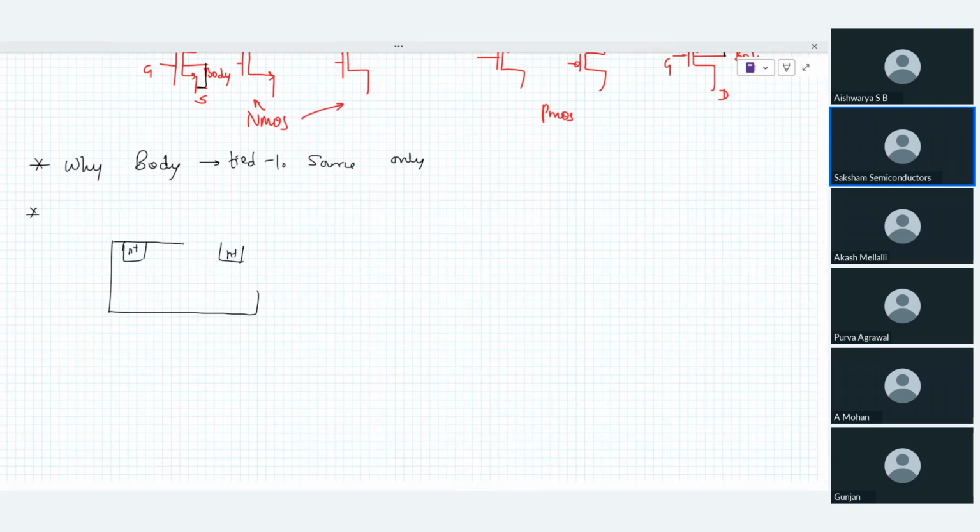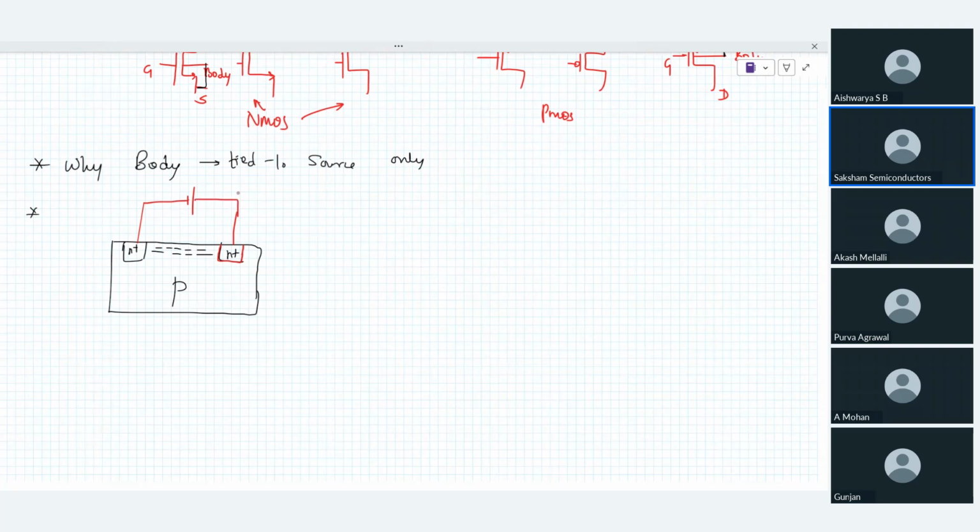So there is a channel over here, and this is your p-type material, and this is n-type material. If you observe, there is this particular junction, with p and n, and here is where voltages are being connected.